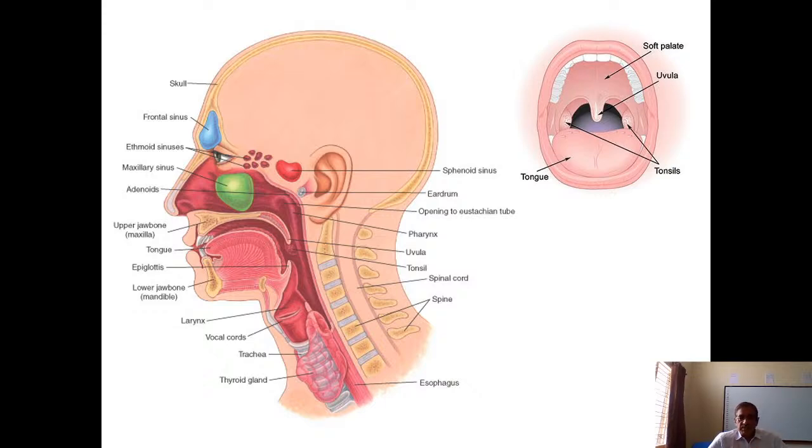The tongue is divided into the anterior two-thirds and the posterior one-third, and at the junction the palatoglossus muscle is attached. Behind it is the oropharynx, which consists of the tonsils, the base of the tongue, the vallecula, and the posterior pharyngeal wall, and laterally you have the tonsils.